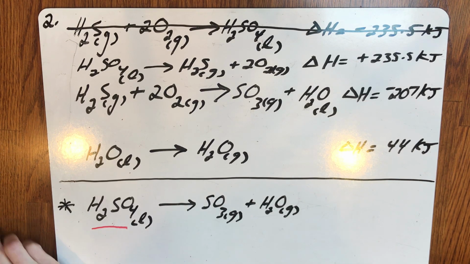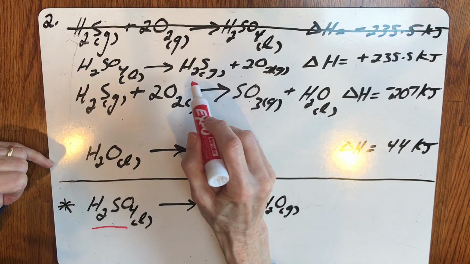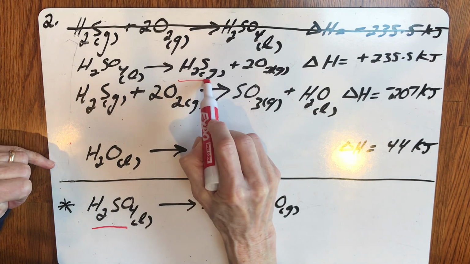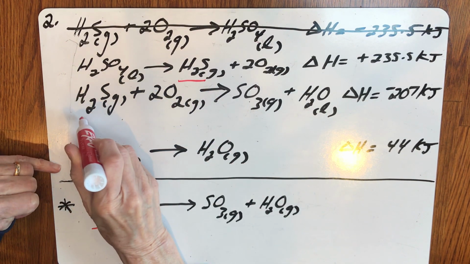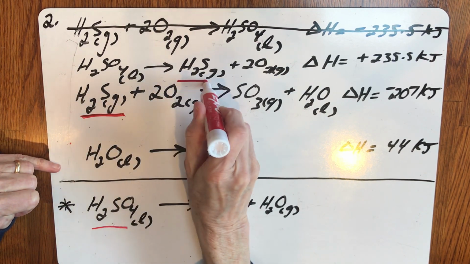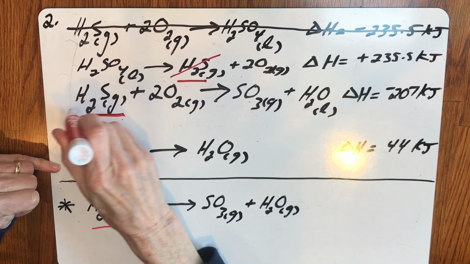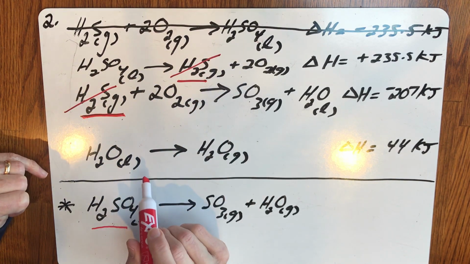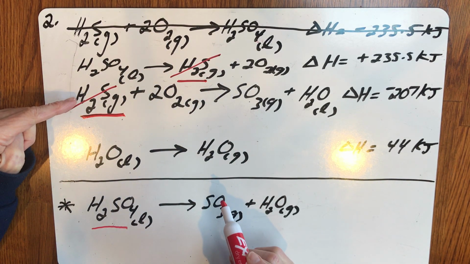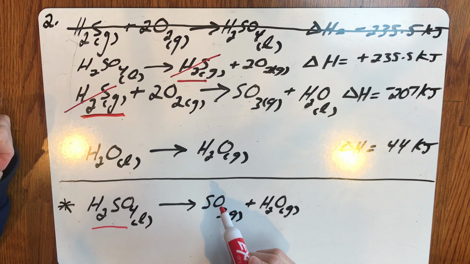So the next thing that is important to note is that anything that occurs on the product side in one equation and on the reactant side in another equation gets canceled out. So H2S from that gets canceled out with H2S from this.